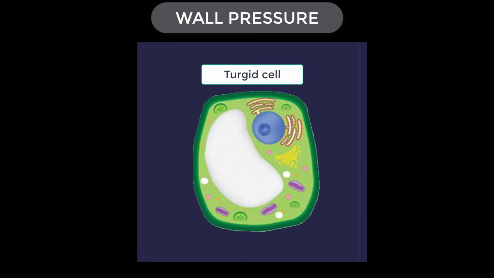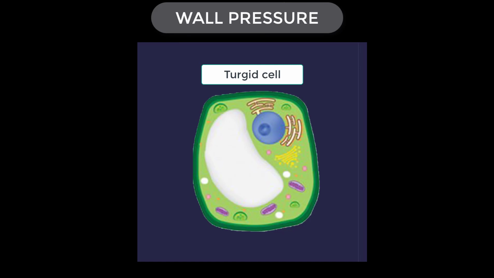It is very important because it prevents the cell from bursting. This is because the cell wall comprises of an important compound called cellulose, which makes it firm and rigid, hence capable of counteracting the effect of turgor pressure.